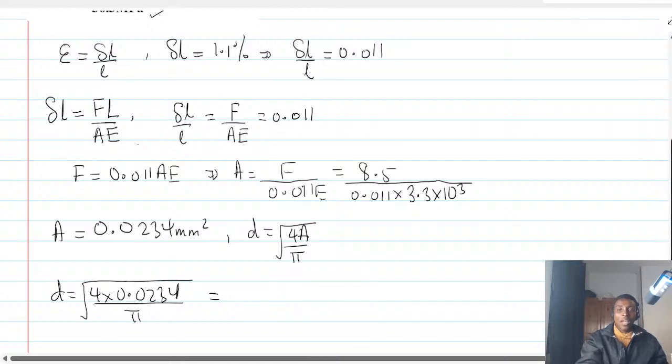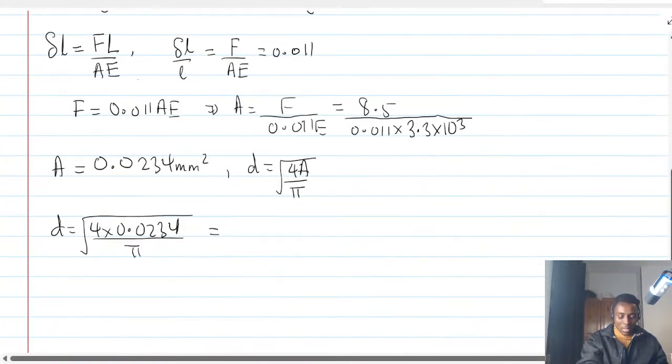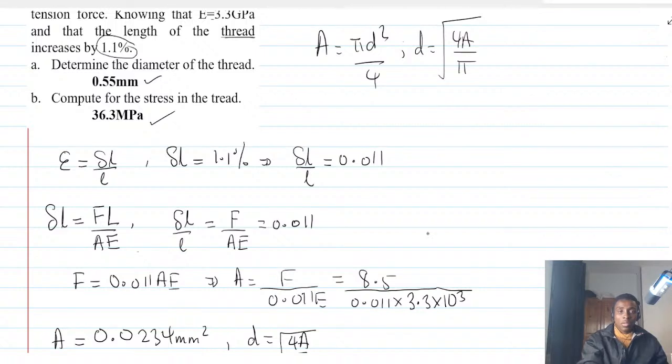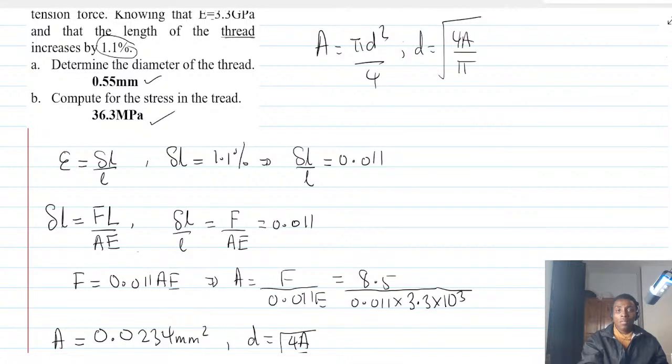Okay, so after getting the diameter, I think everybody can calculate the stress, right? What did you get for the diameter? I think it's simple, right?